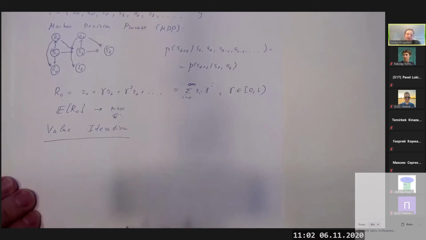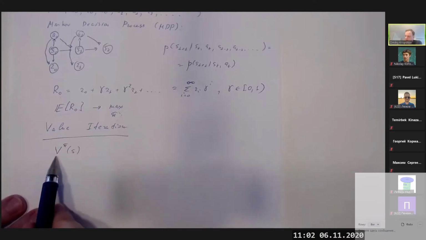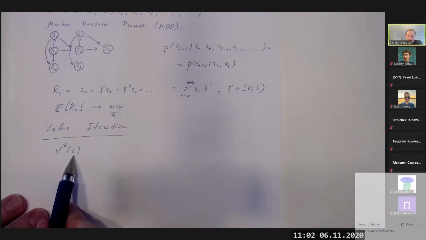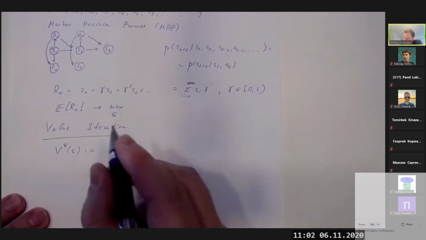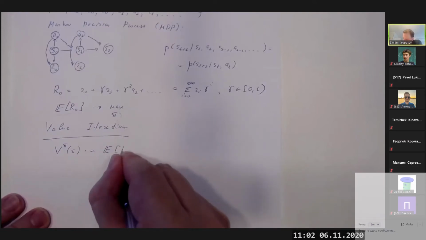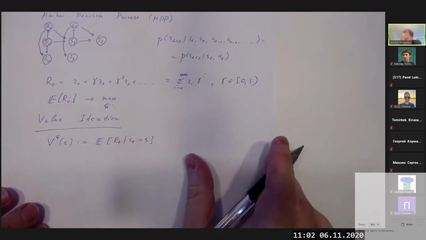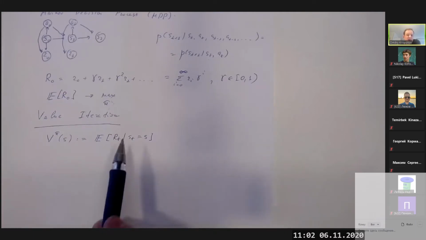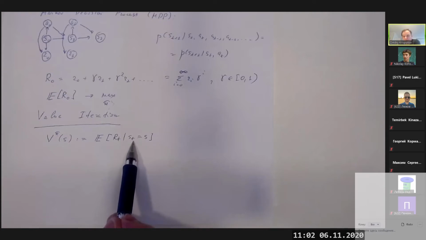So here in value iteration, we are going to introduce something similar to the Bellman function, which again would be denoted as V function. And this function would depend on some state S and on some particular policy pi. And this value function is defined in the following way. We start with some particular state S at time moment t.